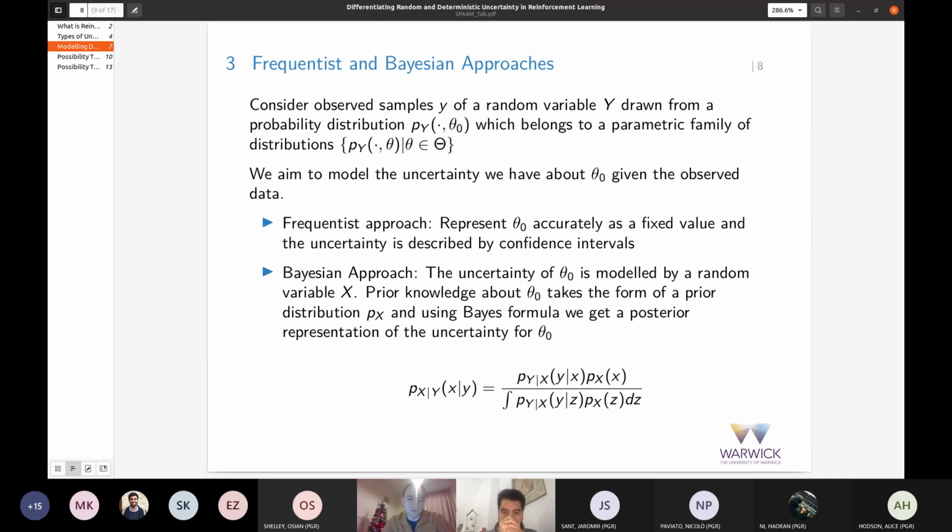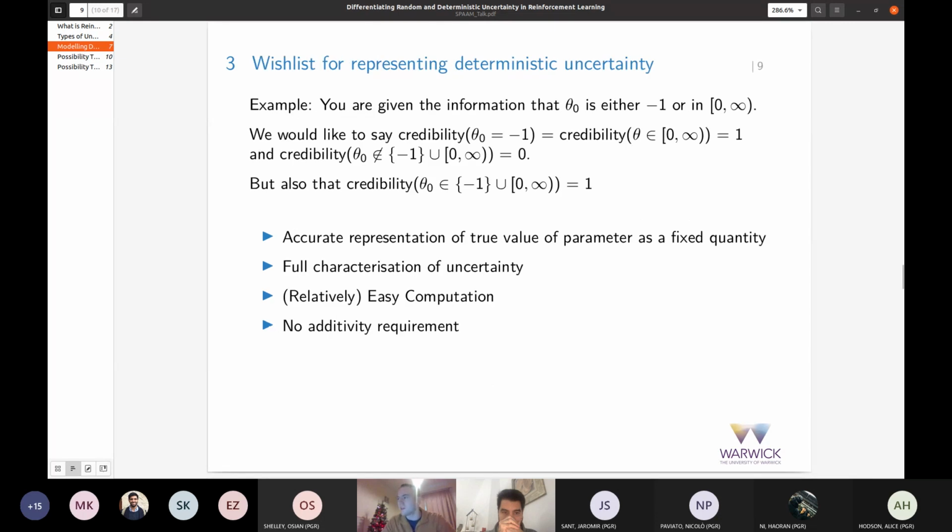For example, if I said theta naught is either -1 or in (0, infinity), then it doesn't make a lot of sense with that information to ascribe probabilities to -1 and (0, infinity), because we only have the information that it's in one or the other and not the chance of being in either one of them.